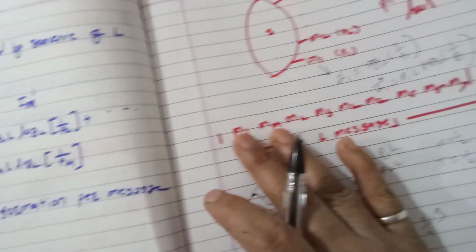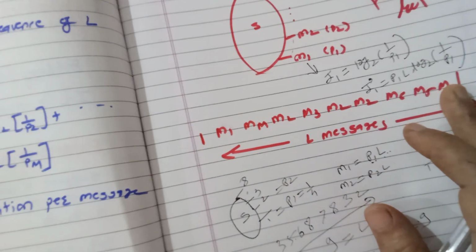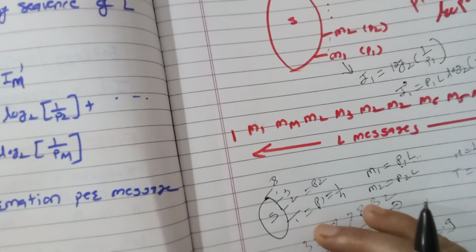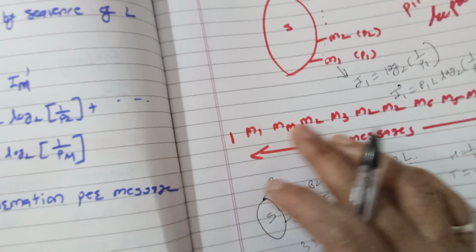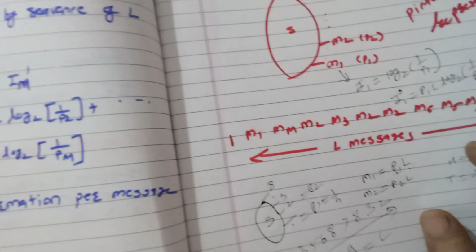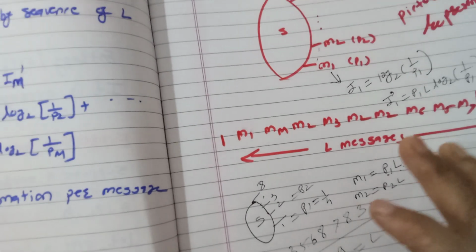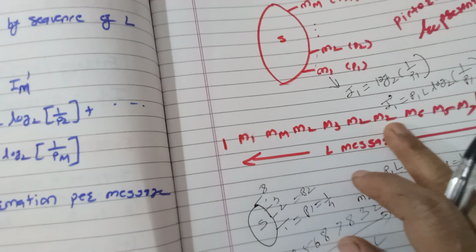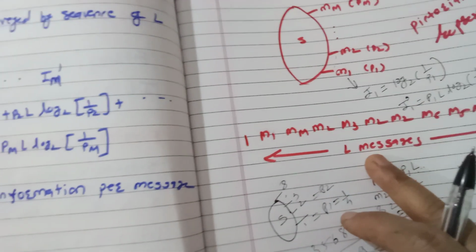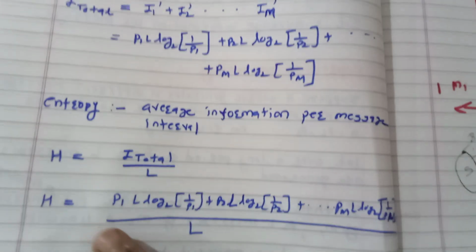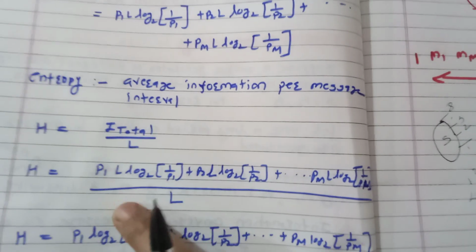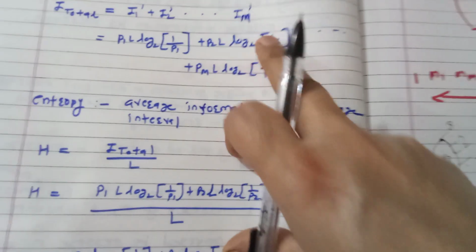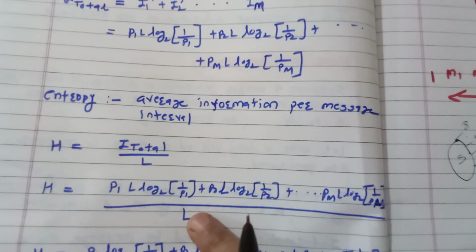You know how to compute the average: we have to find the average of information, so the total of information conveyed by these messages divided by the number of messages. The number of messages is L, so this expression is here and divided by L.